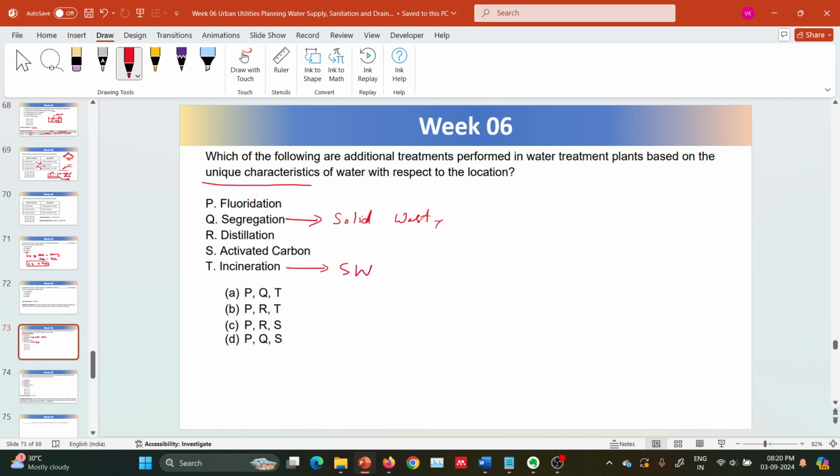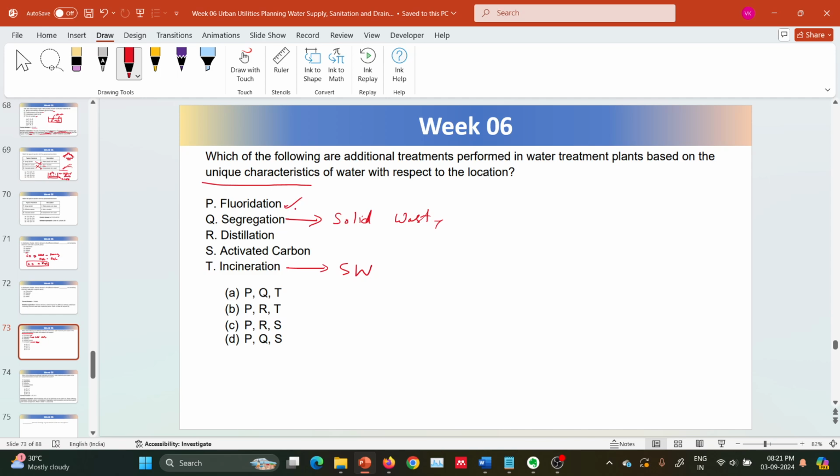In fluoridation, we add fluoride because fluoride is helpful for our teeth. Fluoride reacts with the tooth's enamel and gives more strength to the teeth. So that's why we add fluoride, and it is also added into toothpaste.